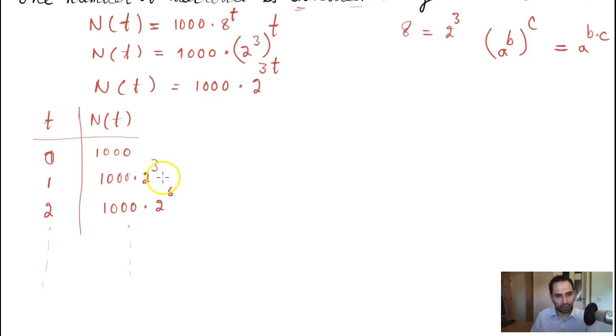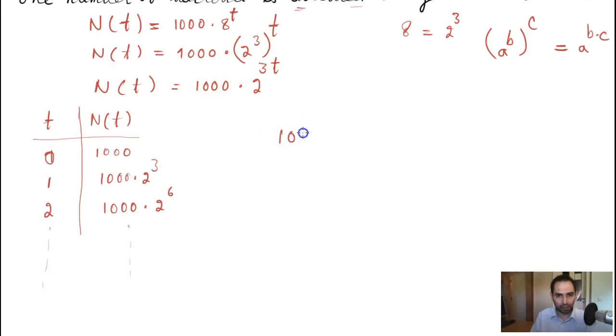So now this is not what we are looking for. I want to know what my t should be in order for this whole index to be 1, because if I want to know in how many seconds only one factor of 2 is being multiplied by 1000, I want to know basically in how many seconds the number of bacteria is being doubled.